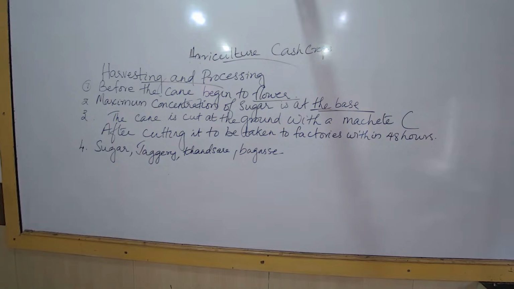Now, see, whatever we have learned, there are some changes in the textbook, so we will see from the textbook. Sugarcane matures in 10 to 18 months. Irrigation required.